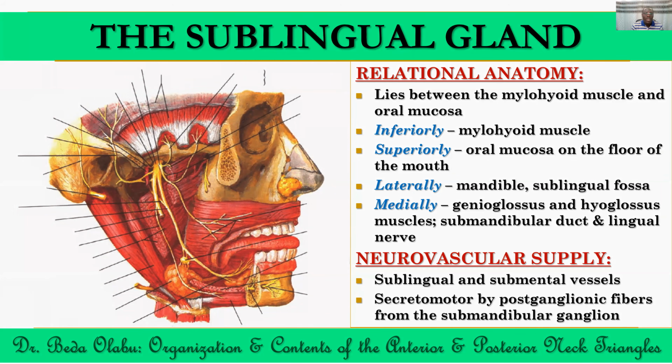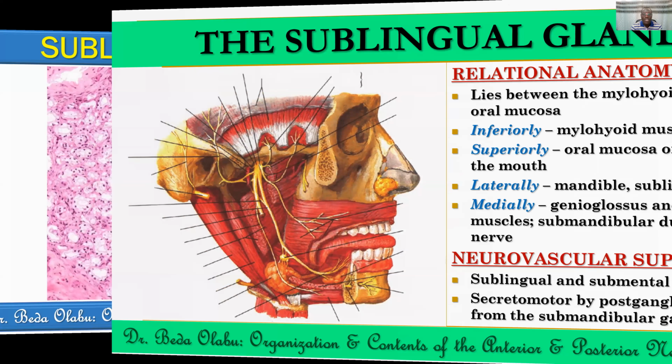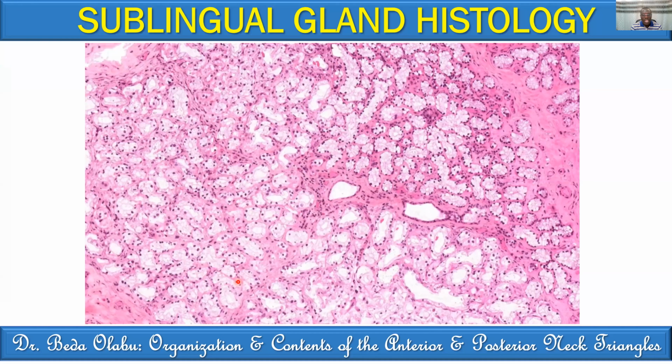Histologically, what is it that we want you to capture? The unique thing about the sublingual gland is the fact that its acini are predominantly mucous, as we can see in this particular field.